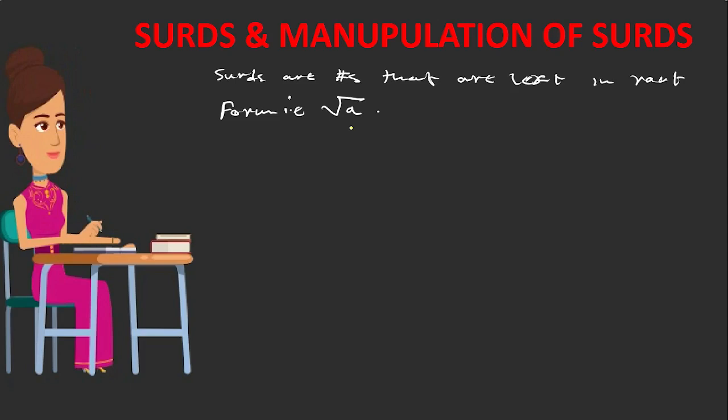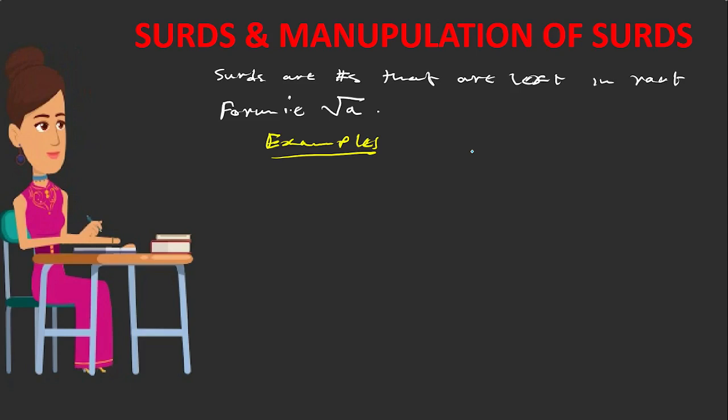Examples of surds: can someone give me an example of a surd? Correct, square root 5 is an example of a surd.